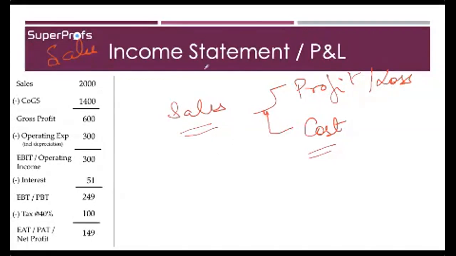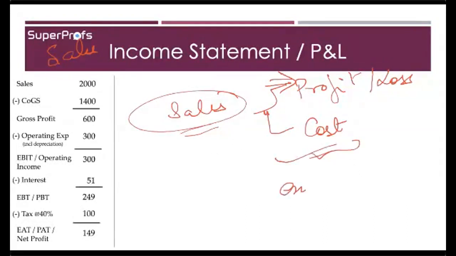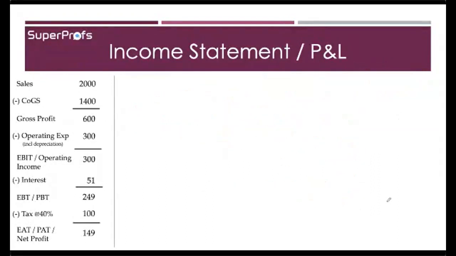So the ratios that we are going to talk about now discuss the profitability or the loss in terms of sales, or the expenses with respect to your sales. We will discuss two kinds of ratios: one is the profitability ratio and the other is expense ratios.